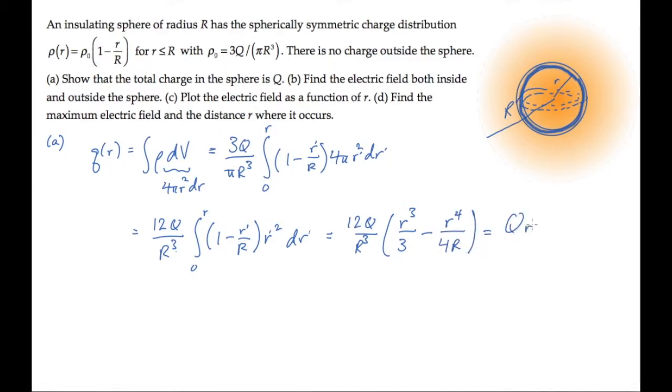We can simplify this expression a bit by factoring out an r cubed, obtaining this final result, which I'm going to write up here at the top because we'll need it a few times as we go through this solution.